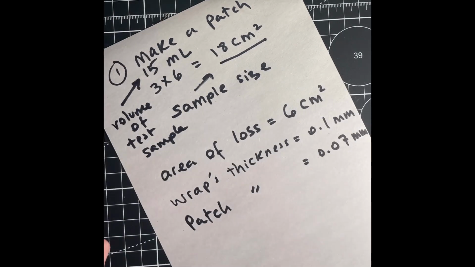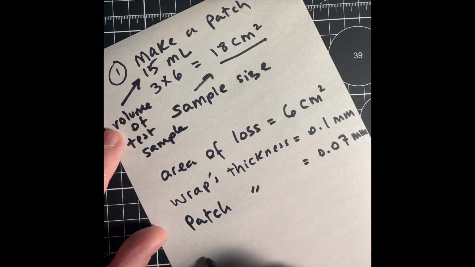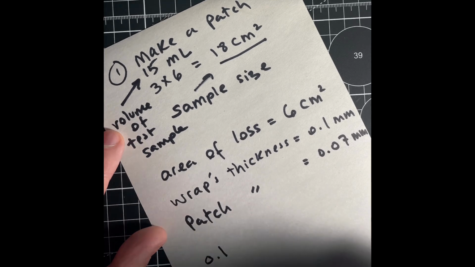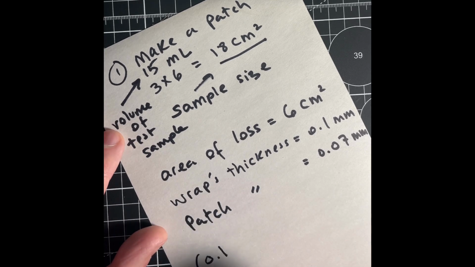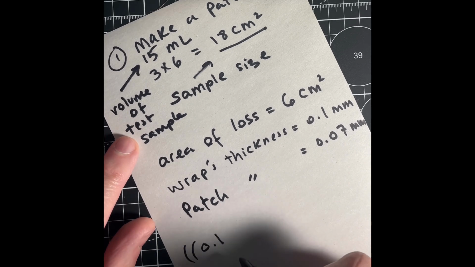Okay, so the way to do this is you take the wrap's thickness, which is 0.1. I'll give you the whole formula at the same time here, as in an Excel sheet, right?